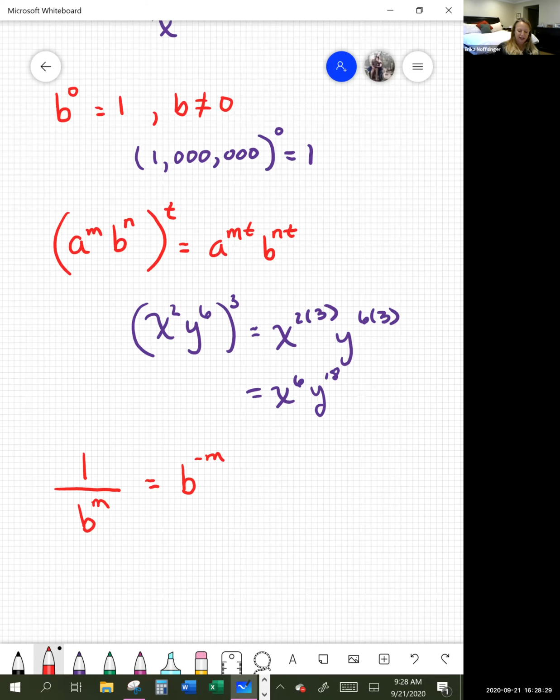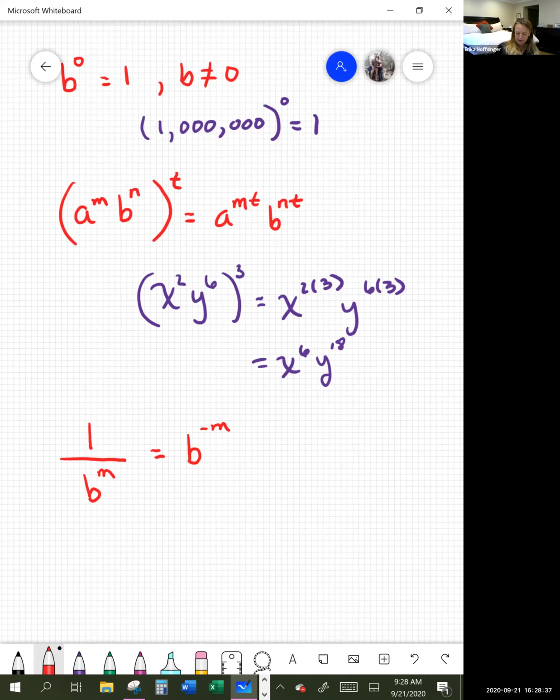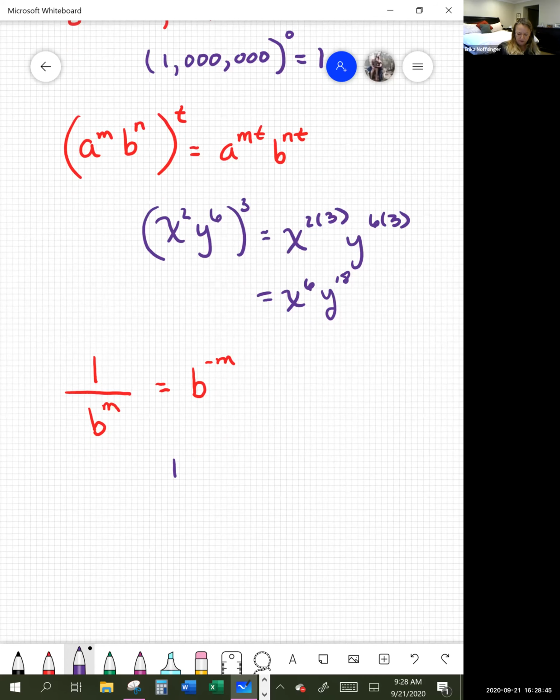Normally with a negative exponent, we could rewrite it by changing the position. If it was in the numerator, bring it down to the denominator to make it positive. So for example, if I had 1 over x to the 5th, this is the same thing as x raised to the negative 5th power.